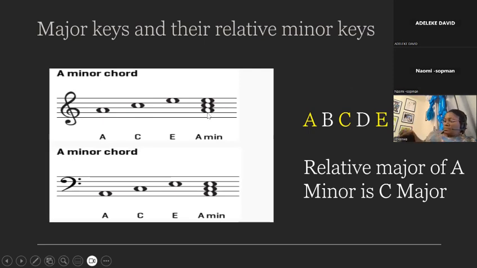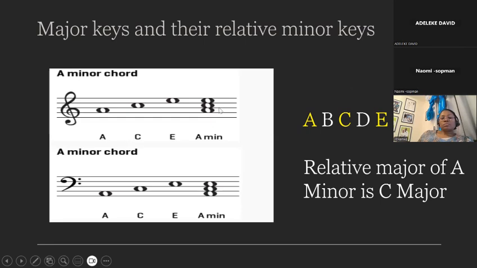You can see that these are standing a third apart. A to C is a third because from A1, B2, C3, that's a third apart. Now, let's look at A and E. Is it a fifth? That's how you will know.